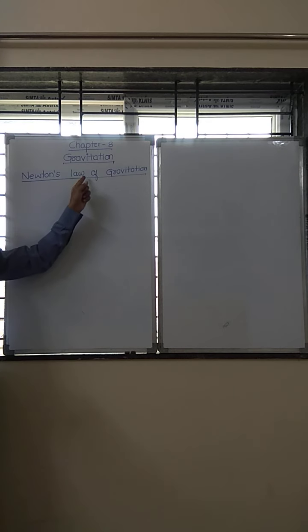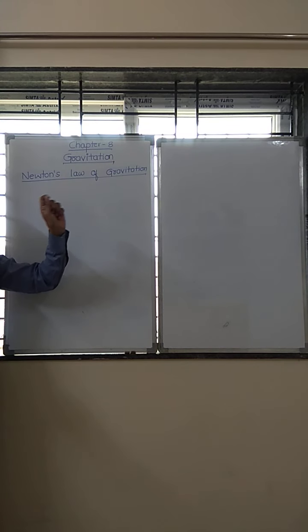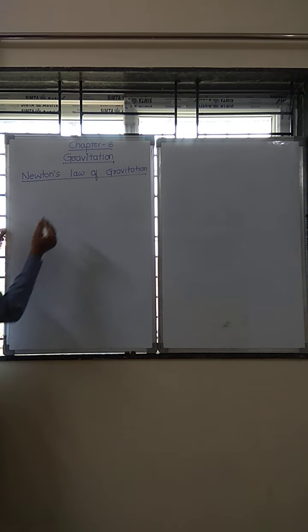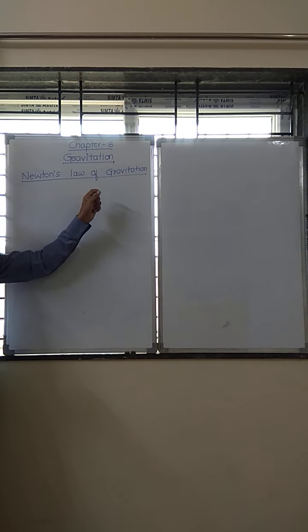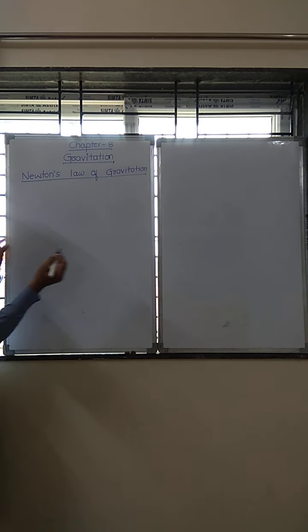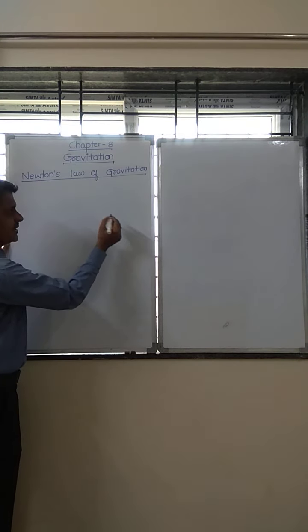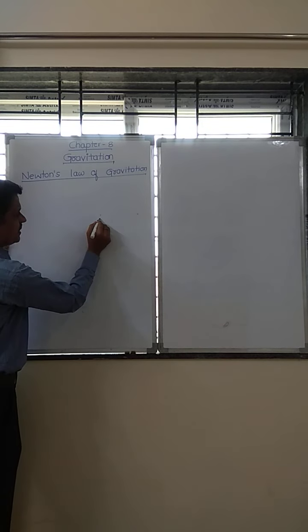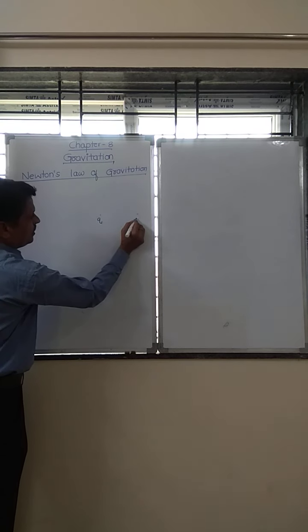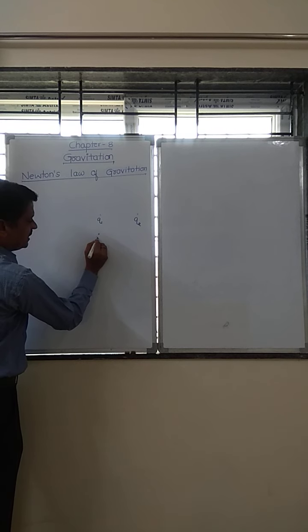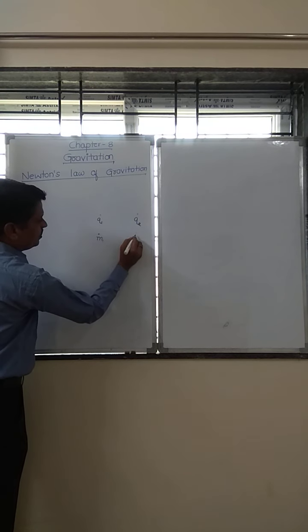This Newton's law of gravitation is similar to our electrostatics Coulomb's law. Newton's law of gravitation deals with force between two point masses, whereas in electrostatics Coulomb's law deals with force between two charges.